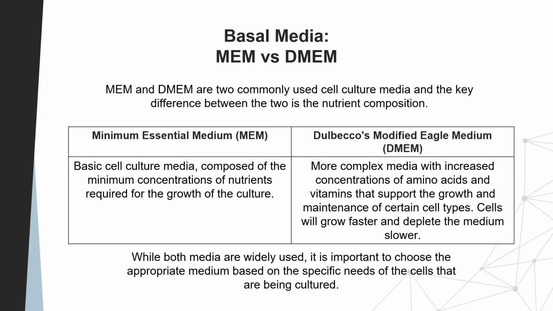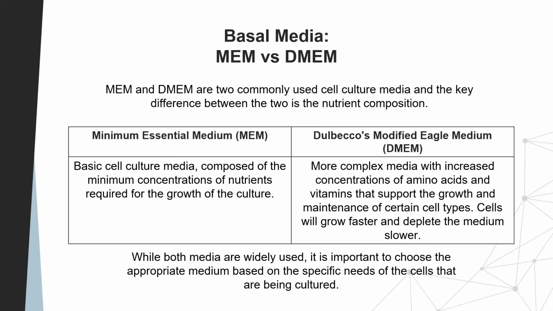However, you have to ensure that there are key differences between the two, particularly in the nutrient composition. MEM is a very basic cell culture media composed of the minimum concentration of nutrients that are required for cell growth in culture.